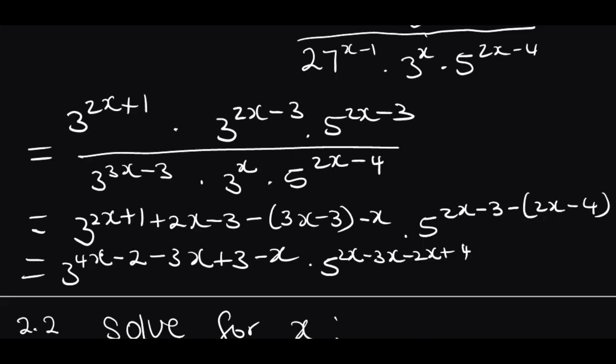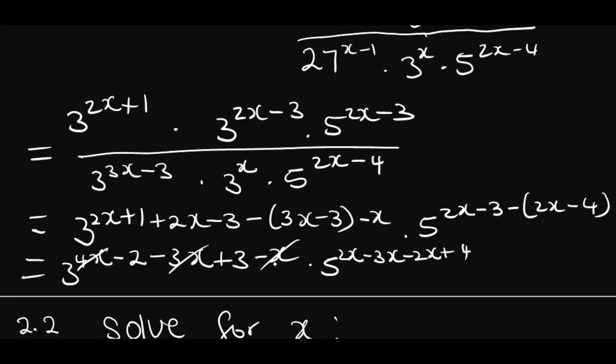Right. 4x minus 3x, that is 1x. 1x minus 1x, meaning all these cancel each other and make n equals to 0.